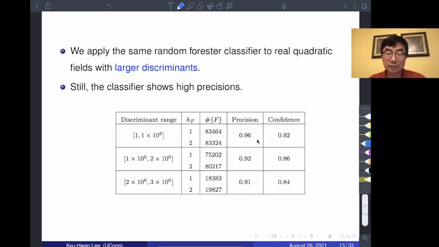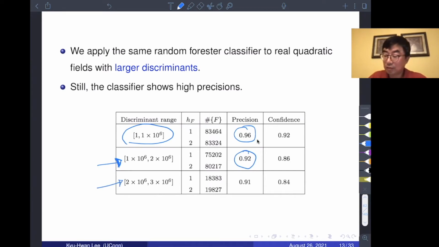So here is the result. Initially, we used this discriminant range. Then precision was this. And we apply the same classifier to this range, so it's much larger. And then the precision was this 0.92. Of course, it went down, but still it is surprisingly high.